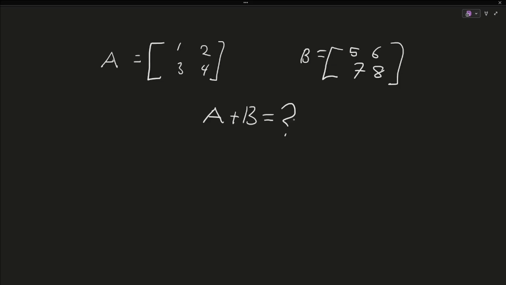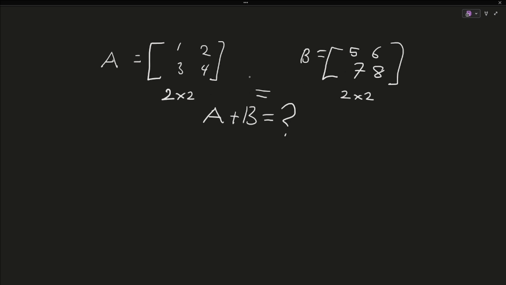Now let's work on this addition problem. Addition with matrices can only be done with the same size of matrices. So this matrix is a 2 by 2 because we have two rows and two columns, and this also is a 2 by 2 matrix. So we are able to make this addition operation because the length is the same.